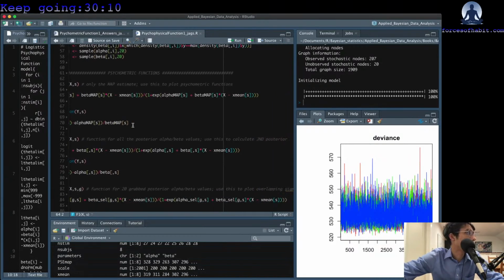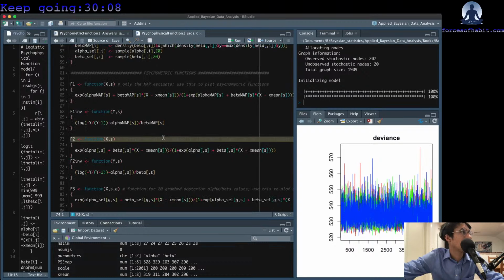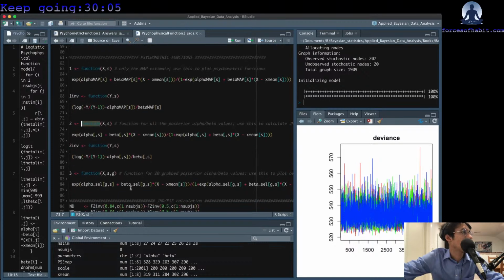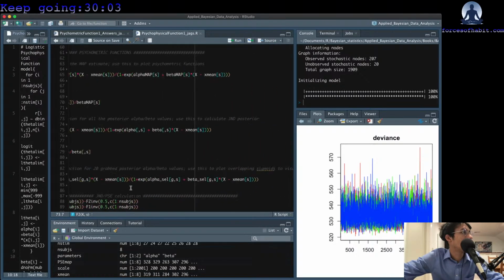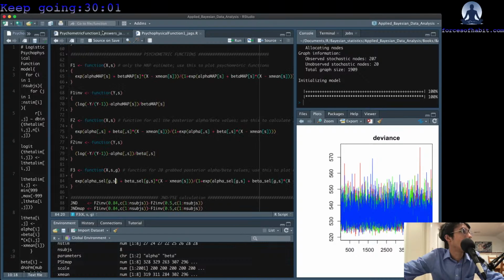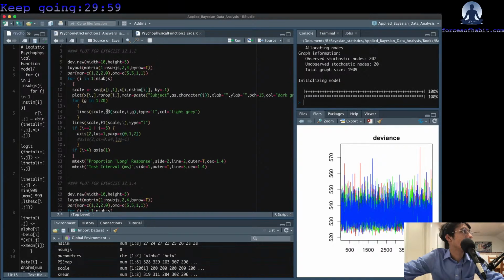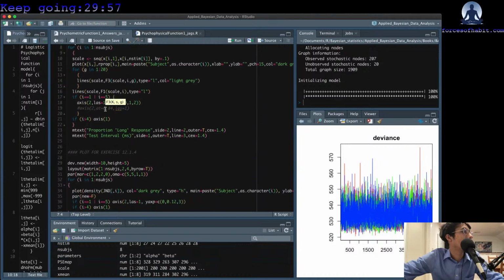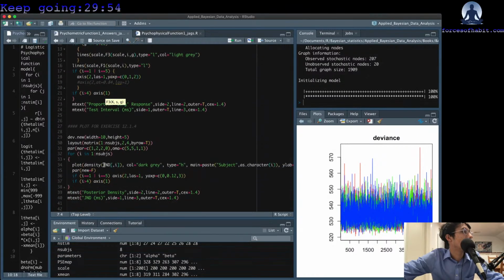Function used to calculate just noticeable differences. So we use this F2 function, and we look at the answers. Where do we get just noticeable?